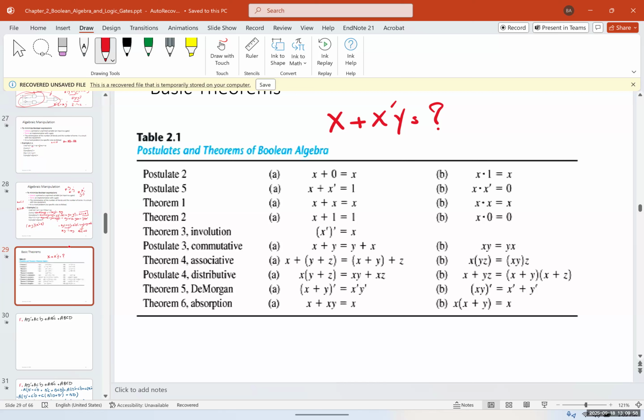So the first thing, let me give you a hint. The first thing to do is to look at the equation and tell me which theorem or postulate this is more familiar with. Is it familiar with postulate number 2, 5? Which one is this more familiar with?